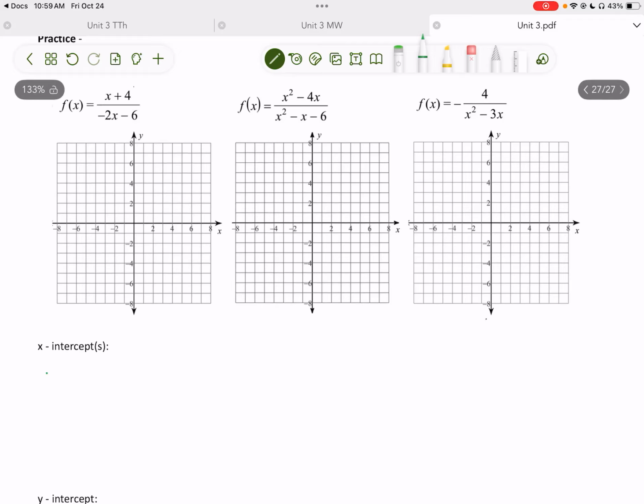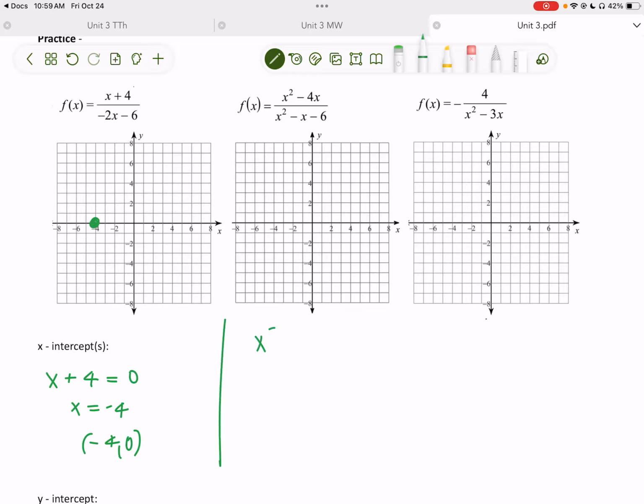So for the x-intercepts, we have x plus 4 equals 0, or x equals -4. So we'll plot a point there. Actually, I think what I'm going to do is just do all the x-intercepts and then all the y-intercepts. For this one, we have x squared minus 4x equals 0. I can factor out an x, which means I have two x-intercepts, which is interesting.